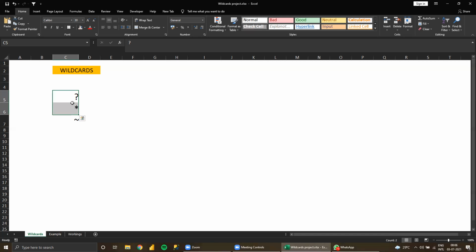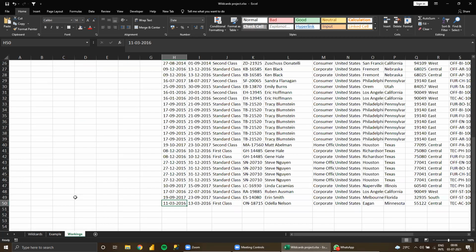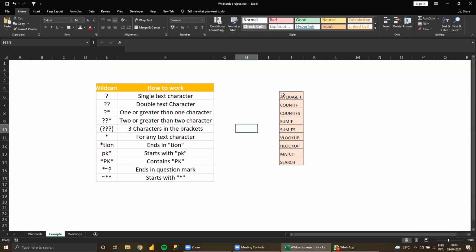Many situations you can use this in. Especially these are the formulas we need to use. Usually we get a partial word, or a word in the subject or whatever.